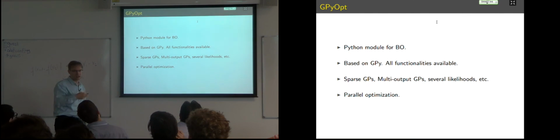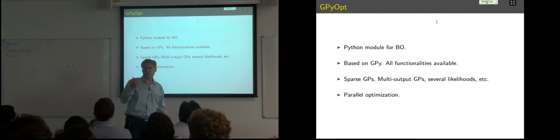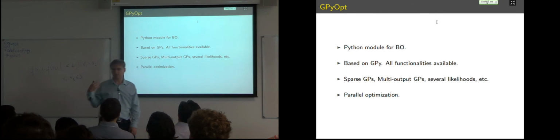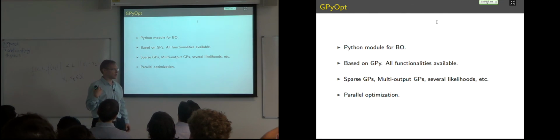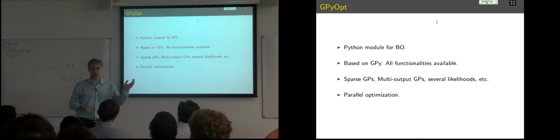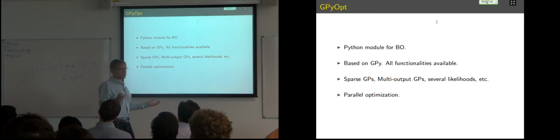It's based on GPy. That means that any Gaussian process model that is already implemented in GPy, you can use to perform your Bayesian optimization, which is great because you can now use a sparse GP if you want to solve a problem in which you want to collect a lot of data points, you can use a multi-output GP, et cetera.